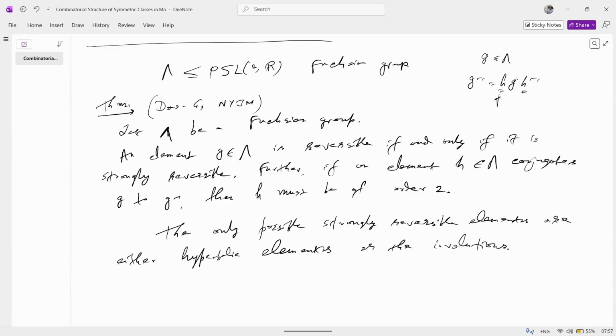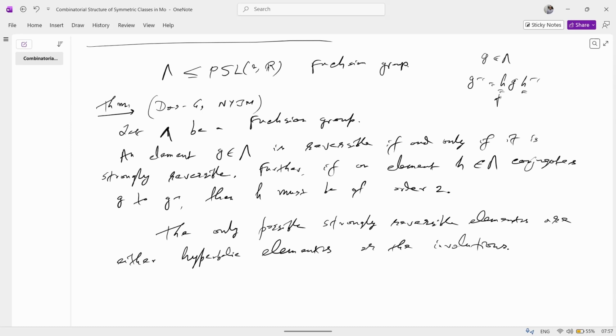So if the element is not an involution, then it has to be a hyperbolic element, and the axis of the hyperbolic element corresponds to a reciprocal geodesic.